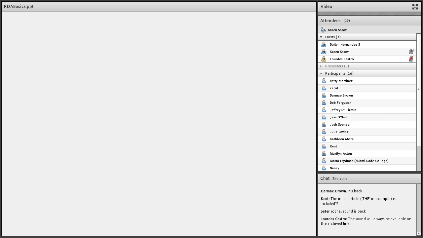Okay, so Kent is asking if the initial article is included. Yes, right. And I didn't include any MARC coding in this particular example, but we would include the organization of information here, and put it all in capital letters according to the pure RDA rule.